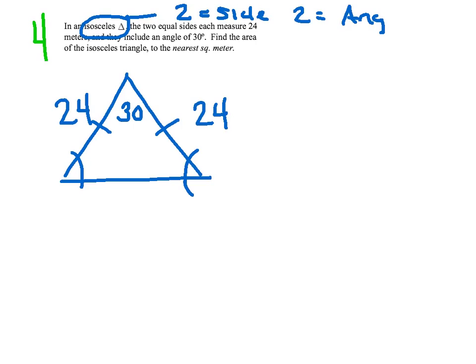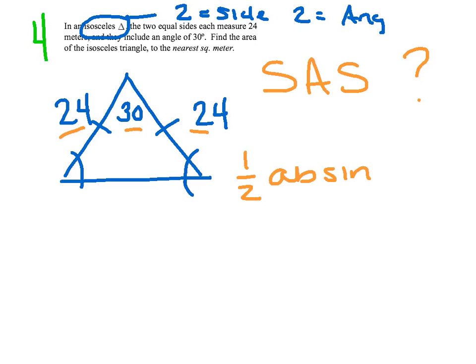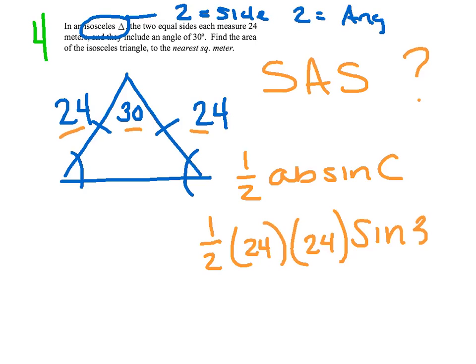Now it says find the area of the isosceles triangle to the nearest square meter. So quick check. Do we have side, angle, side? Side, angle, side. Looks great. So I'm just going 1/2 AB sine C. So 1/2, the 2 sides, 24, 24, and then the sine of 30.